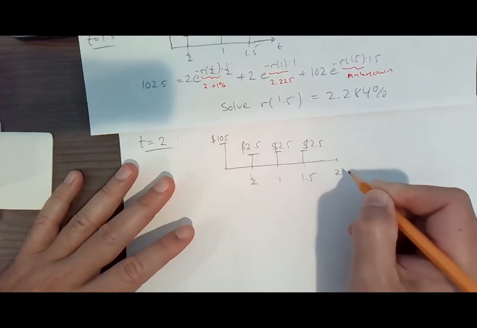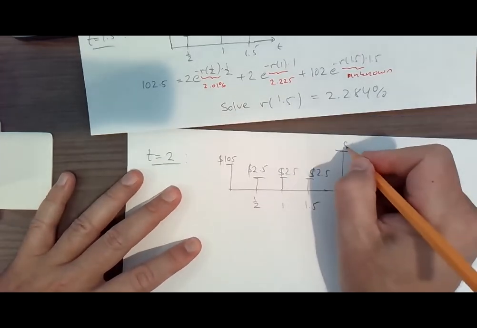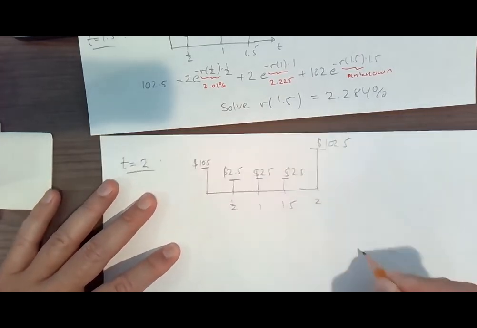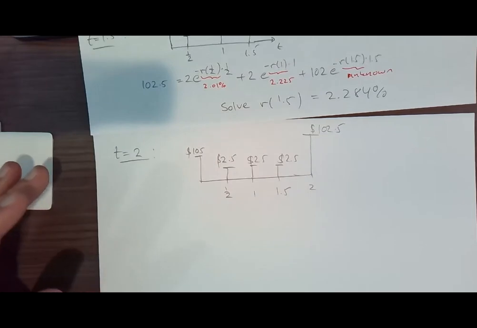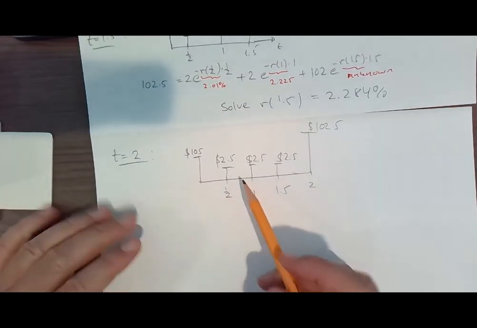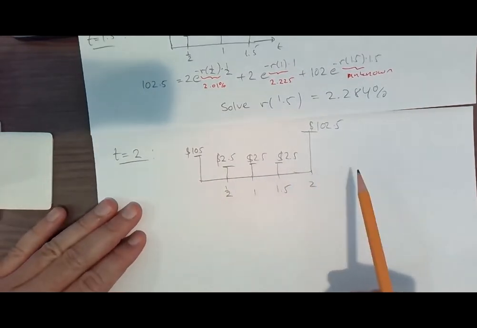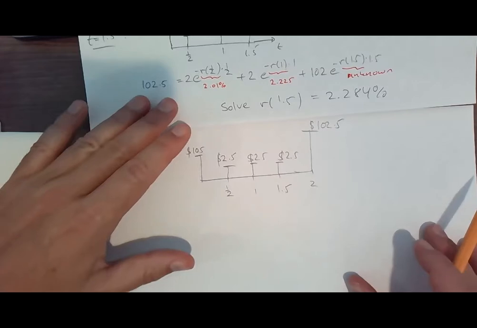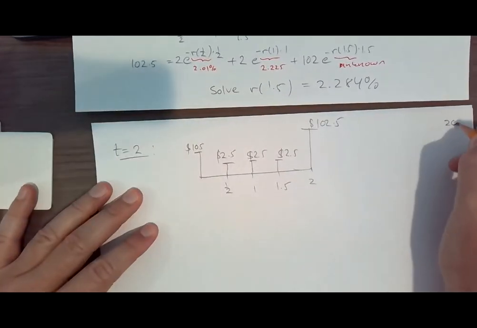And then the last payment is at 2, and this is the big one. So this bond is trading. It has these 4 payments, and the value of these 4 payments is equal to 105.